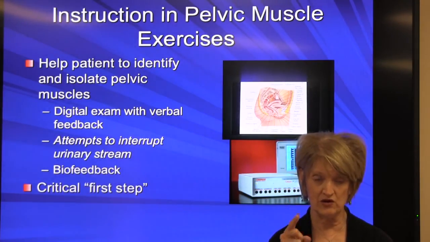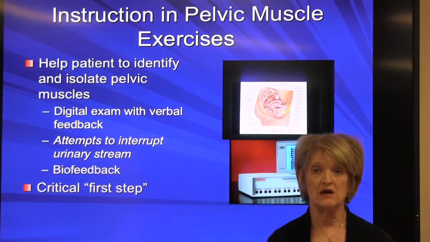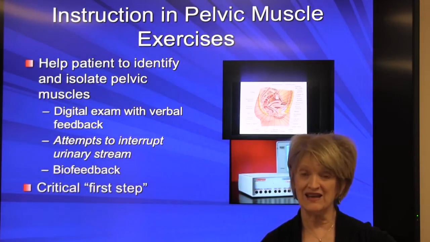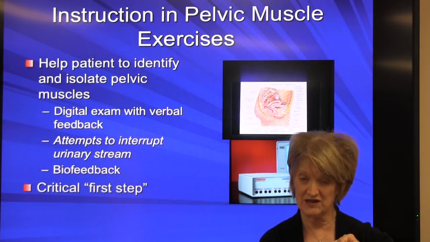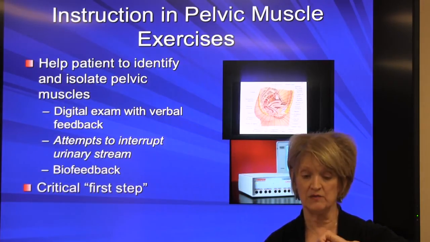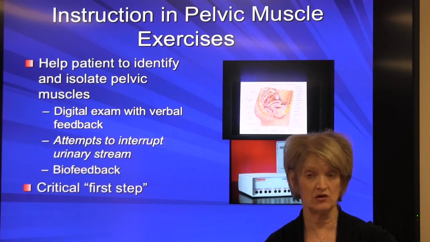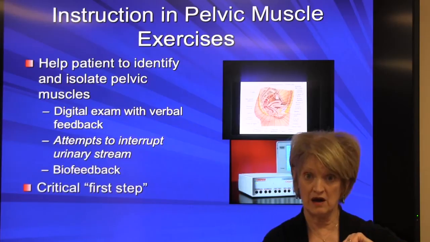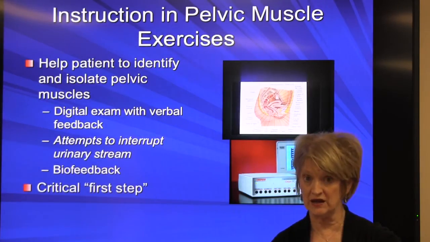So put 1 finger or 2 fingers into the vaginal vault. Then instruct the patient to tighten and lift, just like we did on assessment. Tighten and lift. If she bears down, we correct her. No, not down and out, in and up. Okay, so try that again.